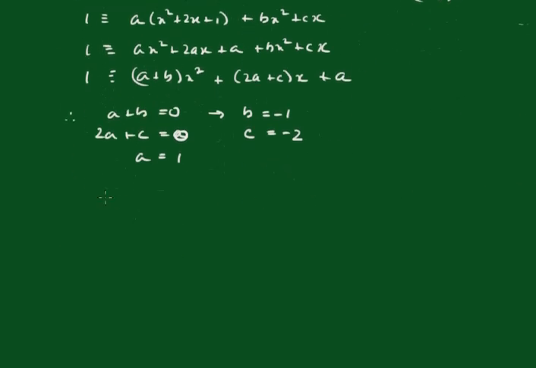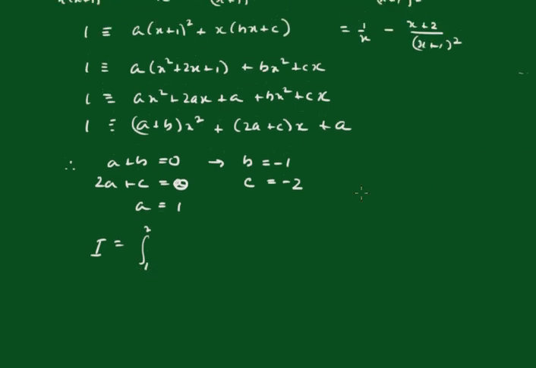So our integral I equals between 2 and 1 of 1 on x minus (x plus 2) over (x plus 1) all squared dx.